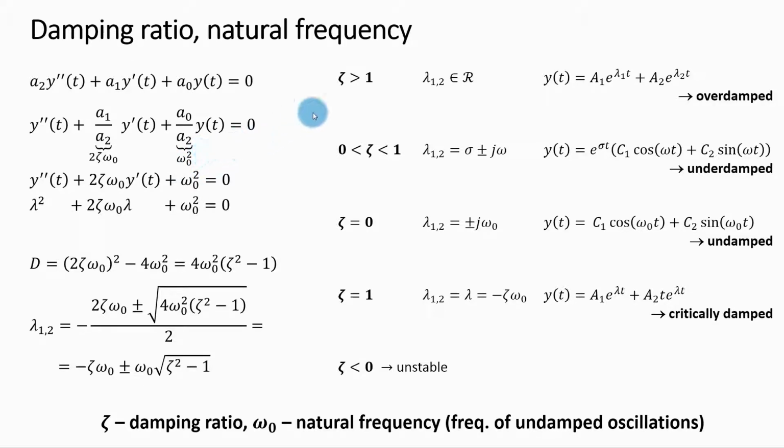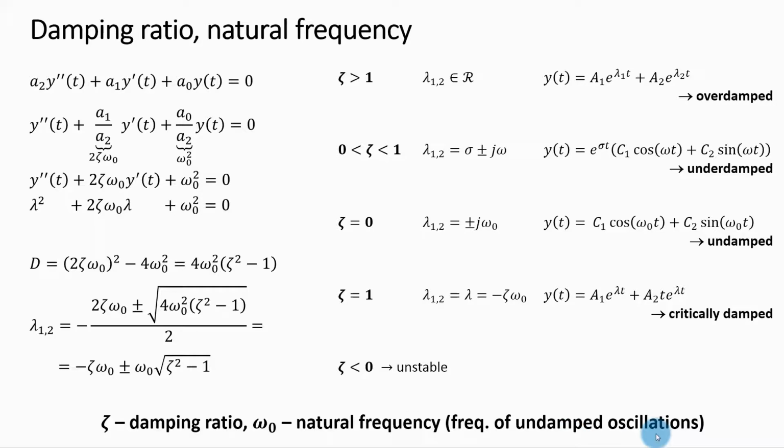But for those stable systems out there, there is this zeta, the value of which will tell you what kind of damping the system has, and you can compute zeta directly from the coefficients of the differential equation. This zeta actually has a name, and it is called the damping ratio. In addition to zeta, this omega naught also has a name, and it is called the natural frequency or the frequency of undamped oscillations. Why?